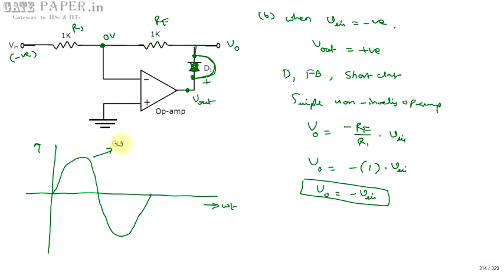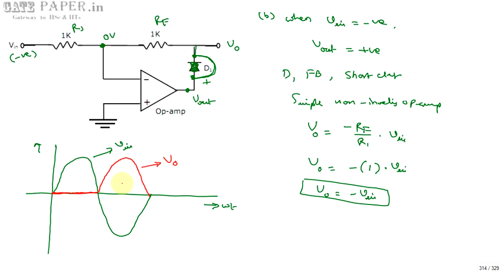So this is for the V input. For V naught, whenever V input is positive, V naught is 0. So this will be the V naught. And whenever V input is negative, V naught is positive but the magnitude is the same. So you are going to get this one. So this waveform is for V naught.